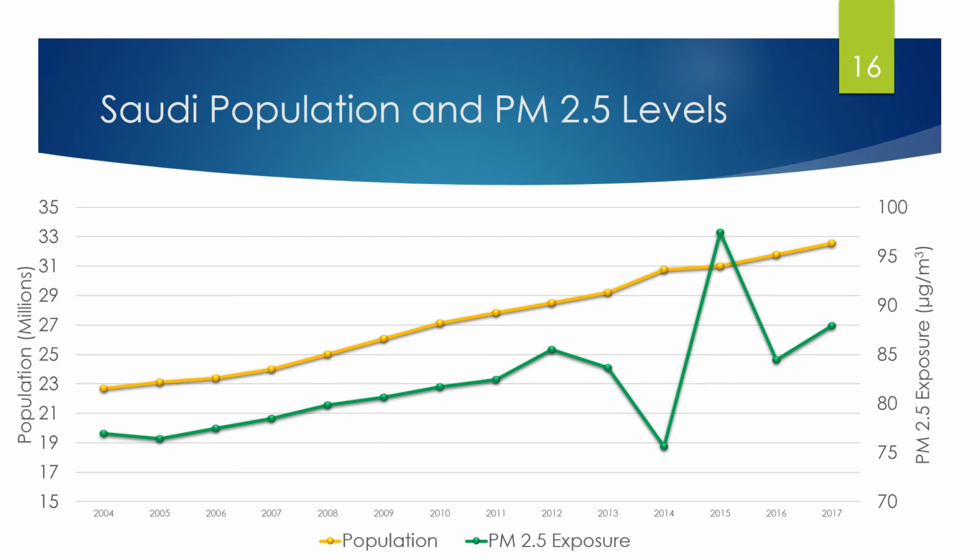It can be seen that the concentration has increased from an average of about 75 microgram per cubic meter to an average of almost 90 microgram per cubic meter, with a dip in 2014 and then a rise in 2015. While it is not clear why this dip and rise is happening, it can be attributed to the oil price decline in 2014 and then the beginning of the war in Yemen in 2015.